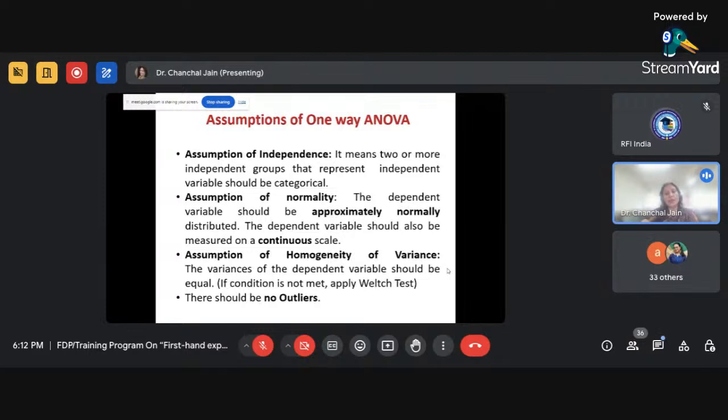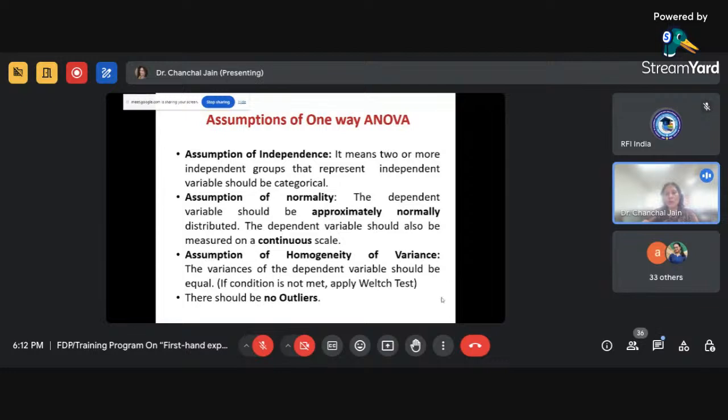The second assumption says we need to have normality of the dependent variable. We need to check whether the dependent variable, which is on a continuous scale, is approximately normally distributed. The next one is the assumption of homogeneity of variance. I think you can recall the independent samples t-test. There we have seen that in case of the independent samples t-test also, we need to see equal variance for the dependent variable in the two groups of the independent variable.